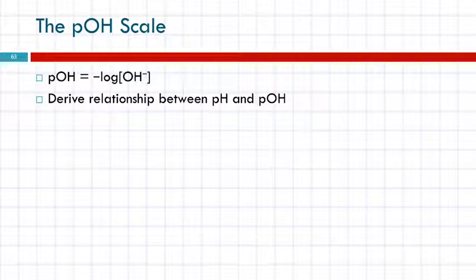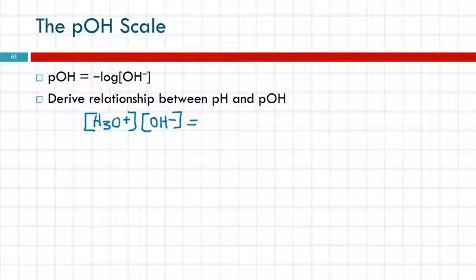The relationship between these is actually very simple. We know that the hydronium ion concentration times the hydroxide ion concentration is equal to 1.0 times 10 to the minus 14. That was the first equation we learned.